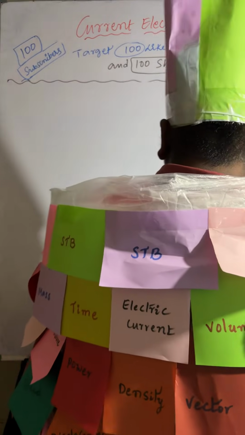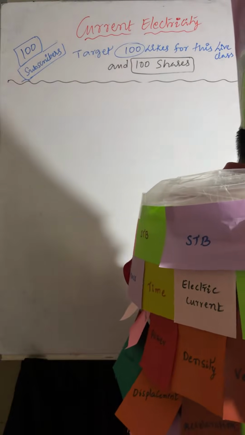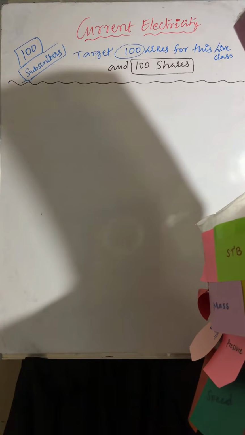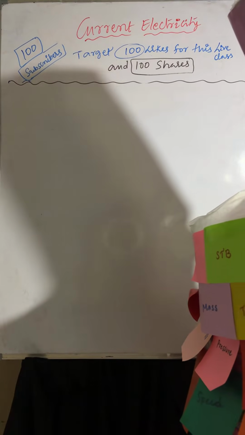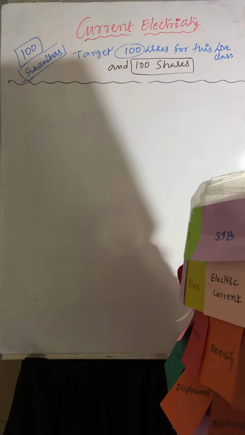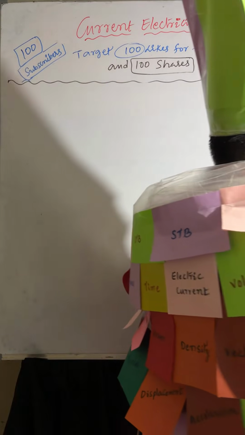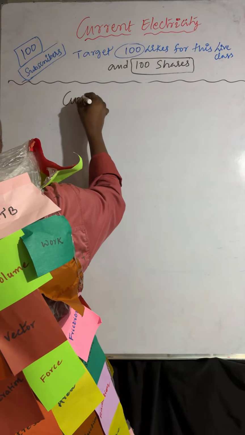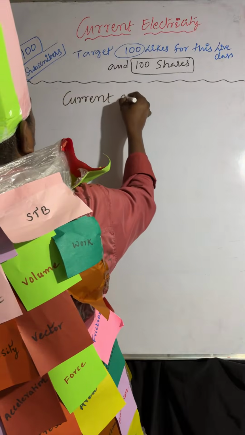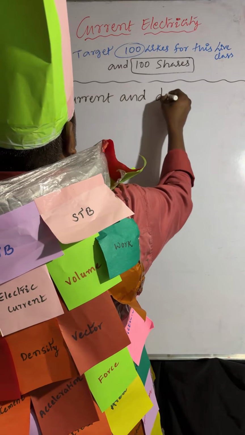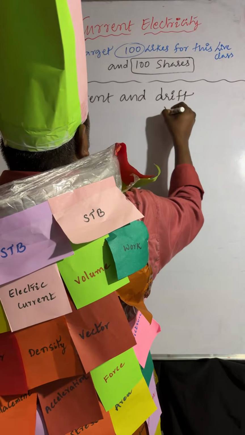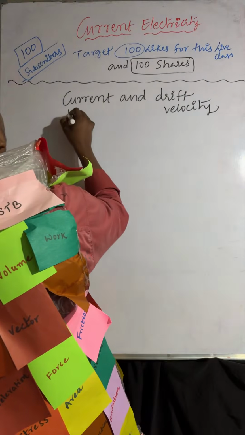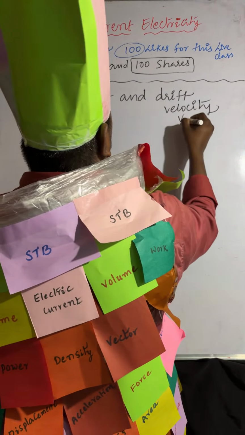Here we'll discuss current and drift velocity. Current I, drift velocity Vd.